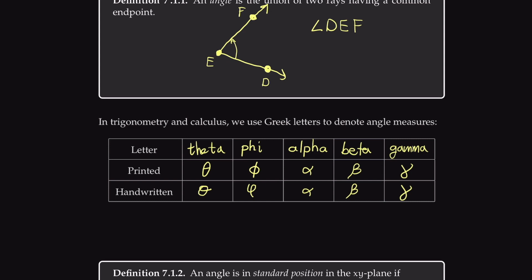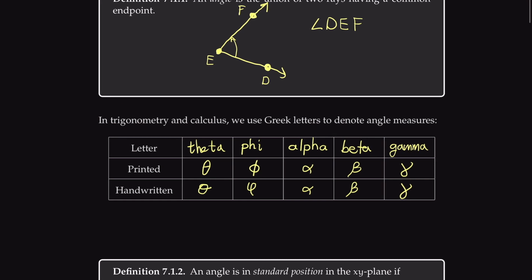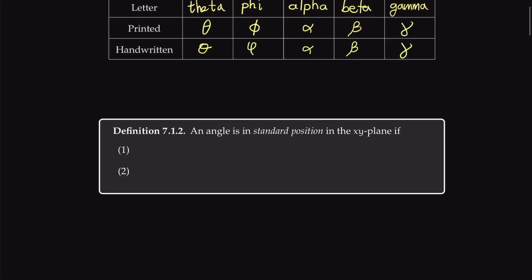Okay, so the way that we describe angles in this class is going to be a little bit different than we would have described them in the past. We're going to put angles in what we call a standard position. And in order to be in a standard position, an angle is going to be embedded in a two-dimensional plane, so the XY plane that we're used to from our previous algebra classes.